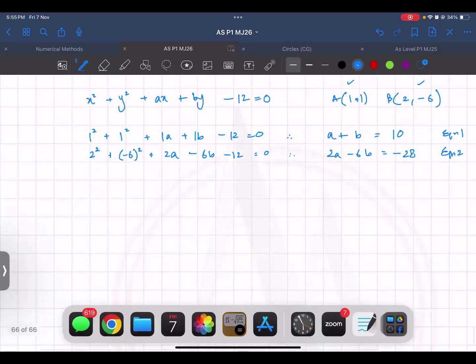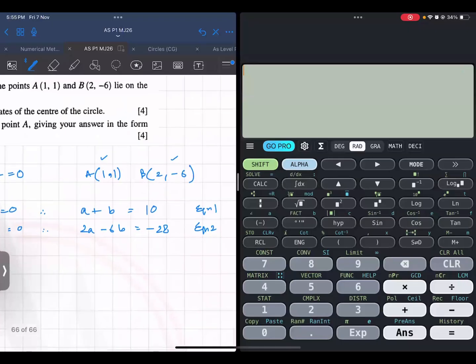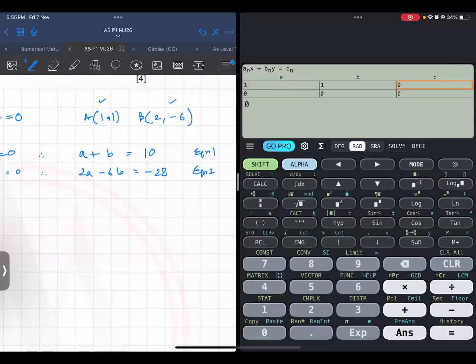This is equation number 2. And now you will solve them simultaneously: a plus b equals 10, 2a minus 6b equals minus 28. So your a is 4 and your b is 6.